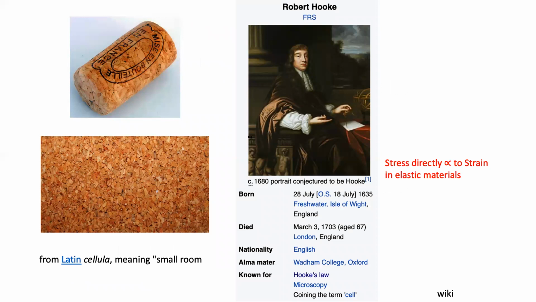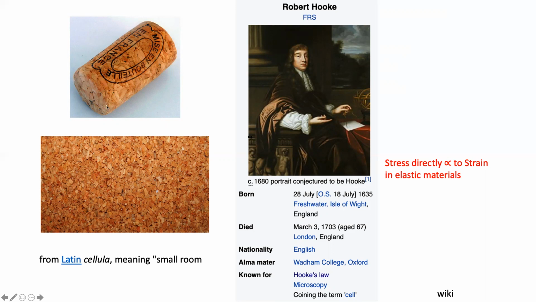So who started talking about cells? Who gave the name cell? This is the British scientist Robert Hooke. He is from the Isle of Wight, which is a little island on the west of the British Isles. That was in 1635, around that time. He was using a magnifying glass and looking at the cork of a wine bottle.